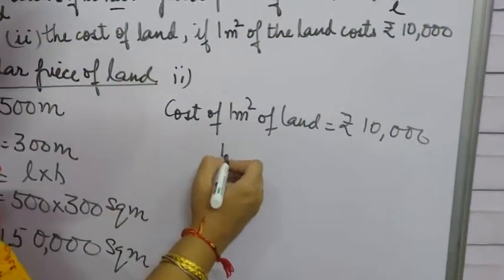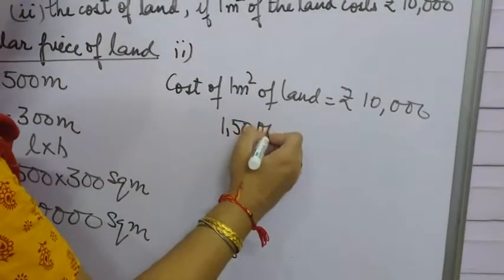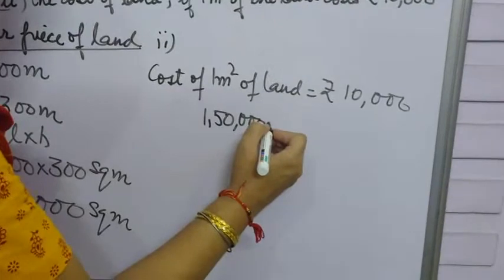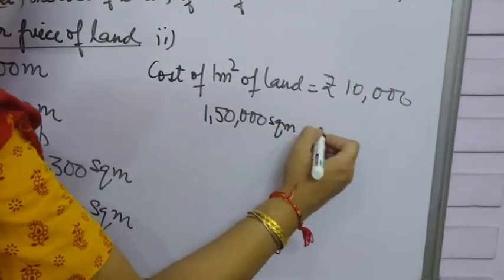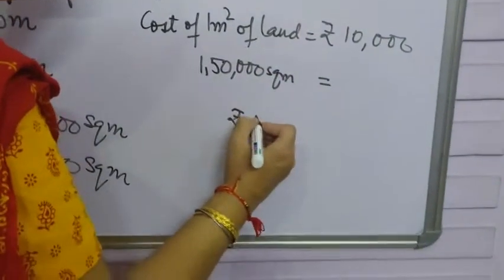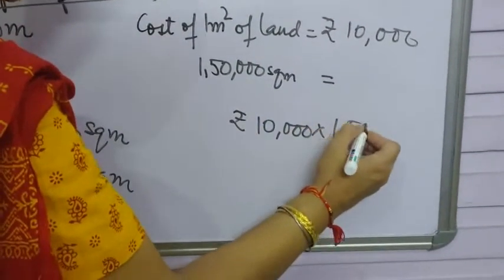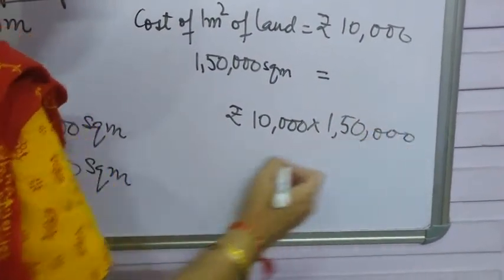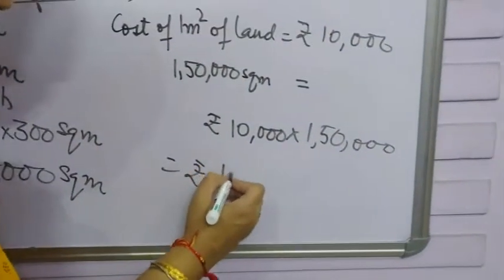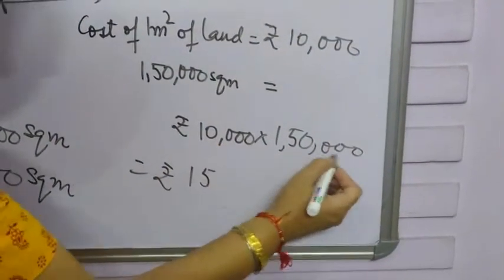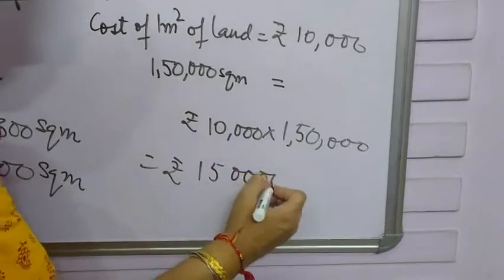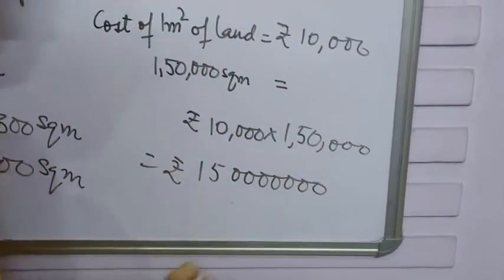So cost of 1,50,000 square meters of land is rupees 10,000 multiplied by the area. So that means 15 followed by 8 zeros.